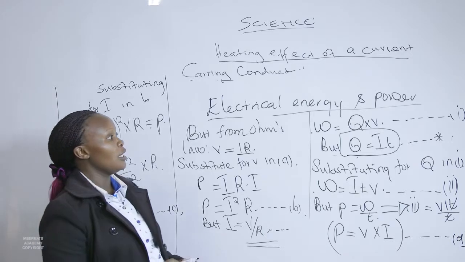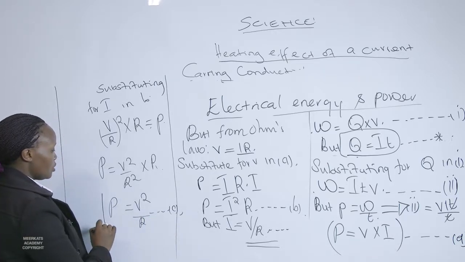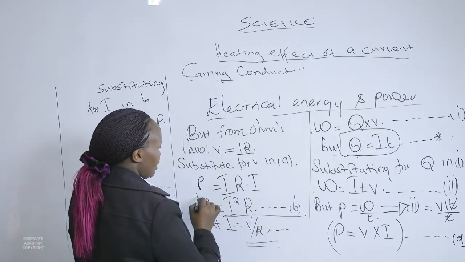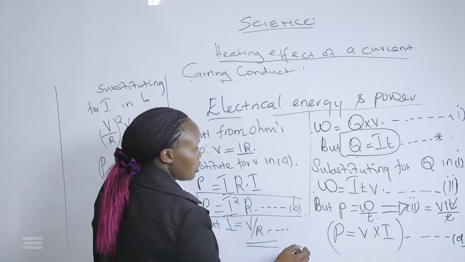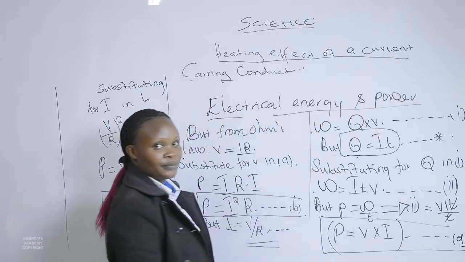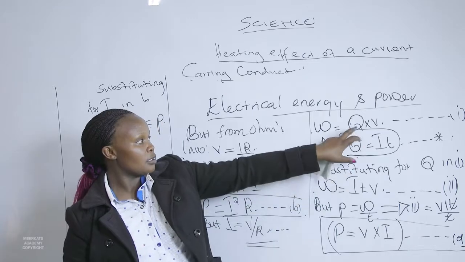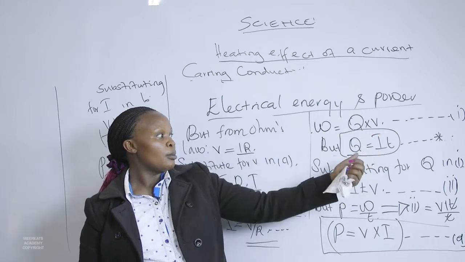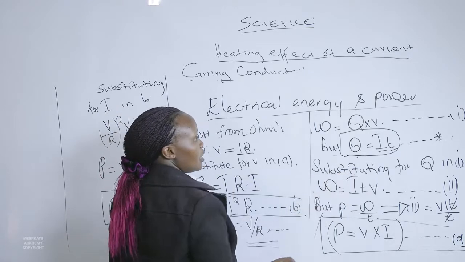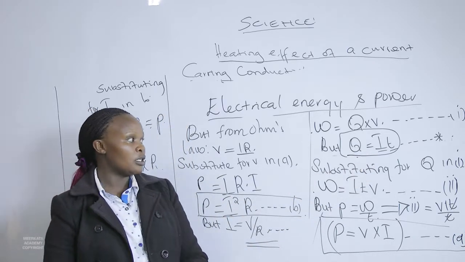So basically we can have those three equations. We have equation A, B, and C, all of them derived from the expression of work. You start by looking at work as charge times voltage, but again you have an equation that relates current and time, the product of which gives us a charge.